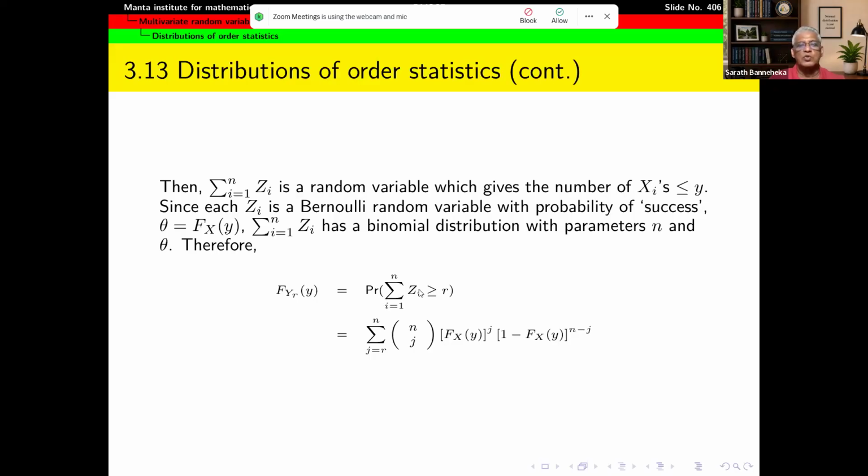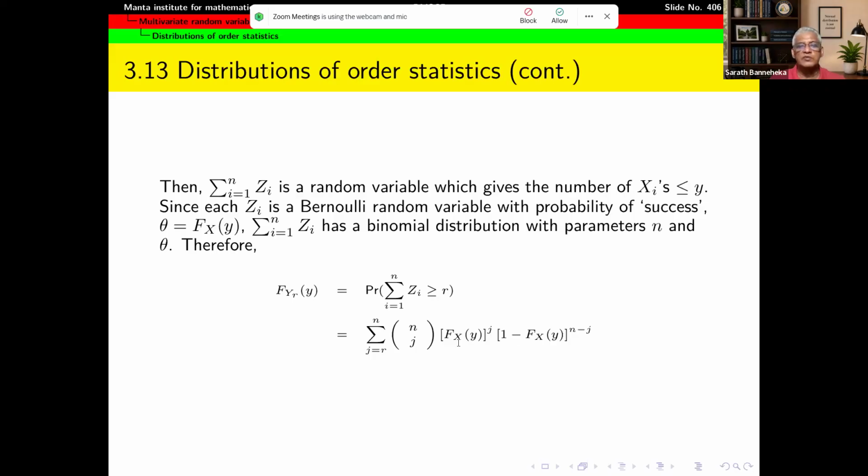In general the binomial goes from 0 to n, but now we are looking at the probability that it is greater than or equal to r. Therefore, we have to add the binomial probabilities from r to n. This part is the probability that the sum of Zi is equal to j, and j has to change from r to n, and we add them up to get the total probability. So this is the first expression that we can get.